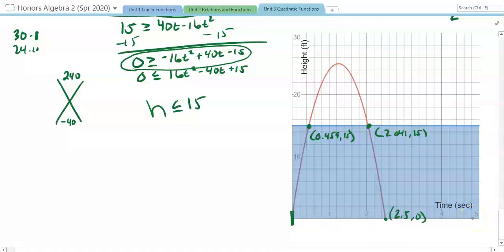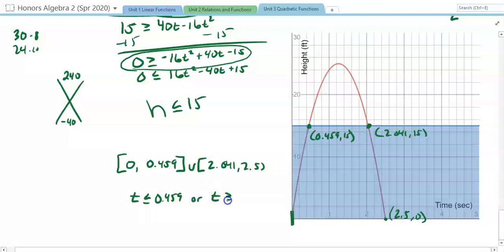And so we end up with two intervals here, and so we're asking where this ball is from start to finish. So from 0 to 0.459, again, the endpoint is included here, union 2.041 to 2.5, or we could say t less than or equal to 0.459, or t greater than or equal to 2.041.